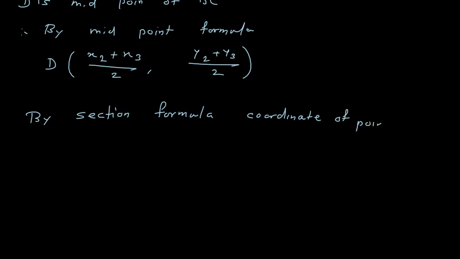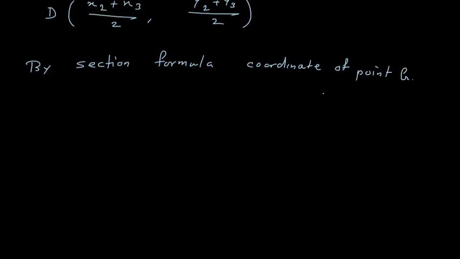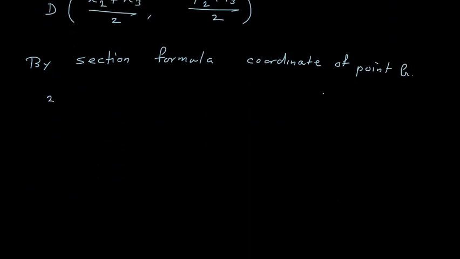coordinate of point G. Now what is the coordinate of point G? It is 2 into this x coordinate.